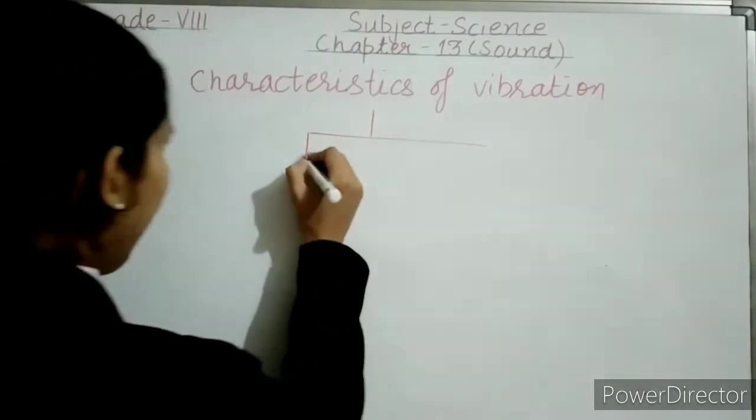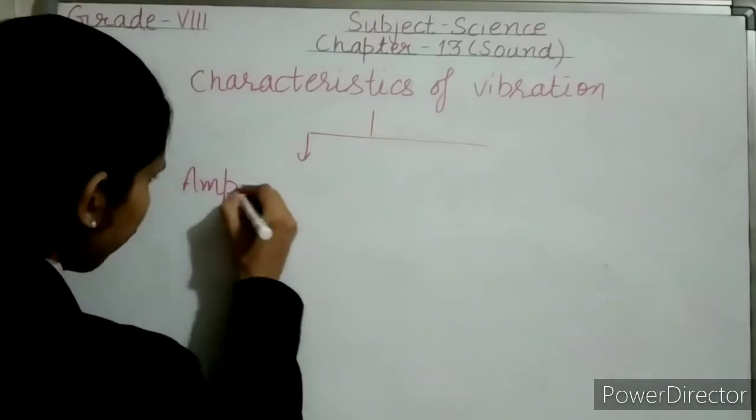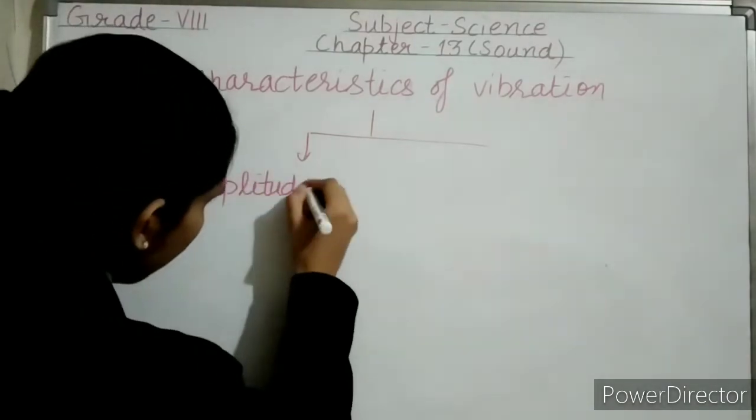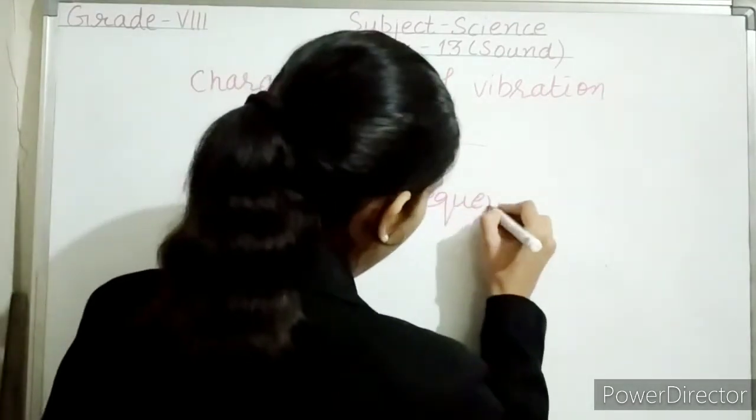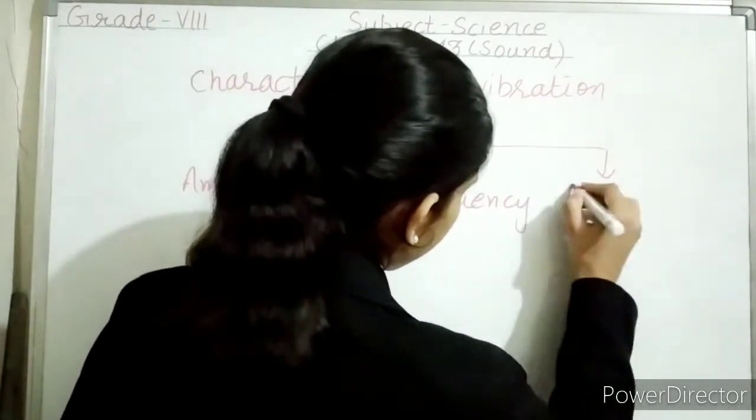First is amplitude. Second is frequency. And third is time period.